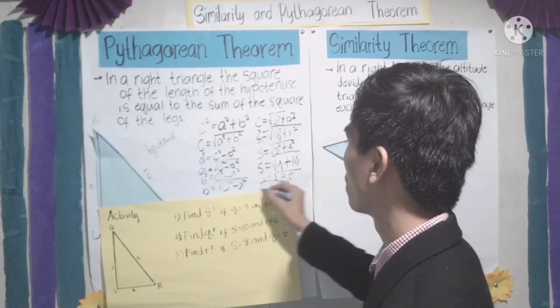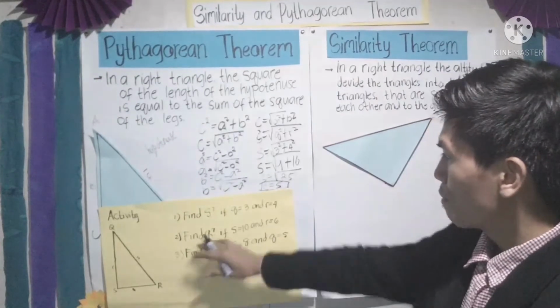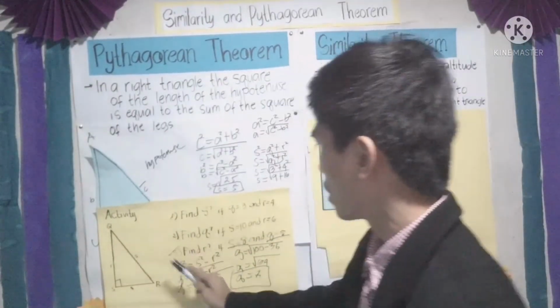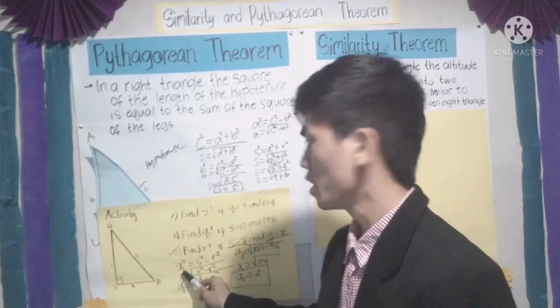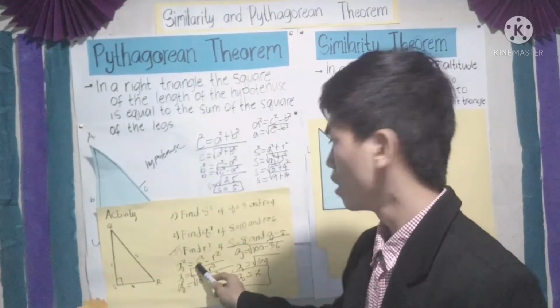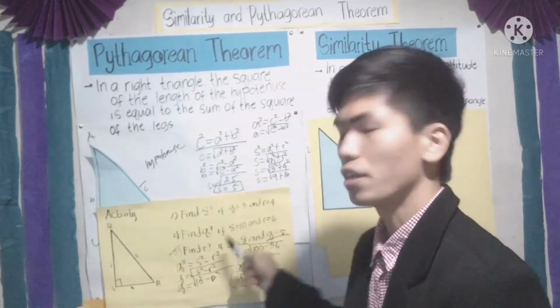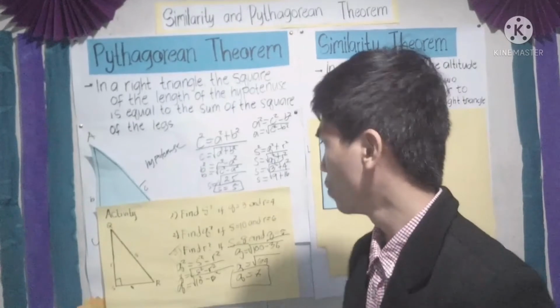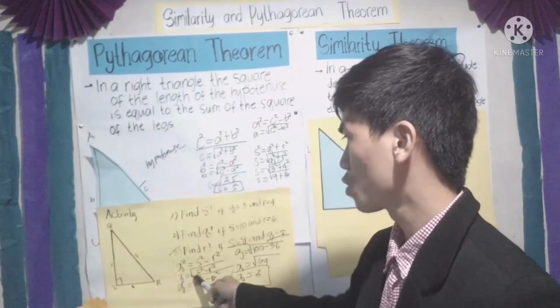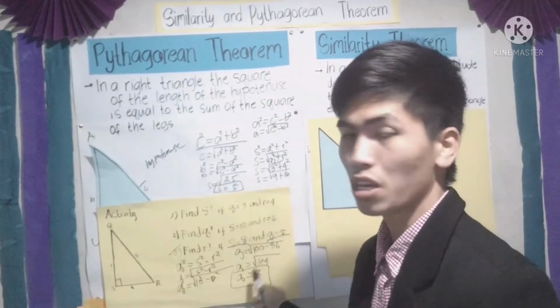Okay. How about number 2? q squared is equal to s squared minus r squared, so the value of q is equal to the square root of s squared minus r squared.